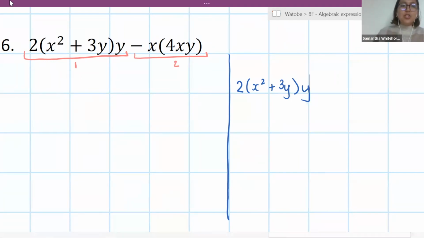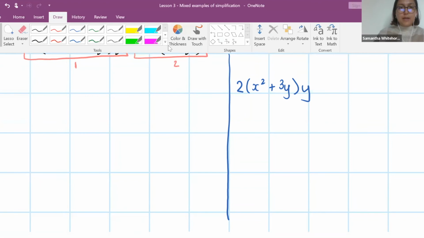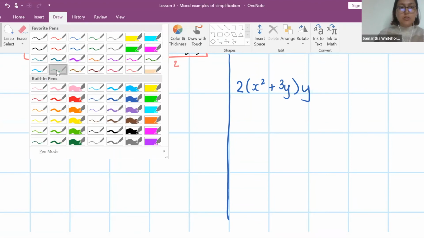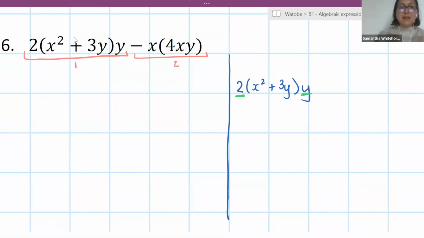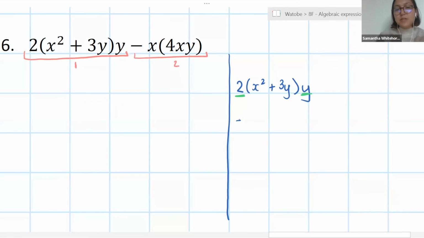So when I've got 2 coefficients to the brackets, so my 2 coefficients here are minus 2 and y, what I would do is I would just put them together at the front of the bracket. This is because when we multiply, it doesn't matter what order I multiply things in. So just because I'm choosing to first multiply the 2 and the y, it's not going to change anything.